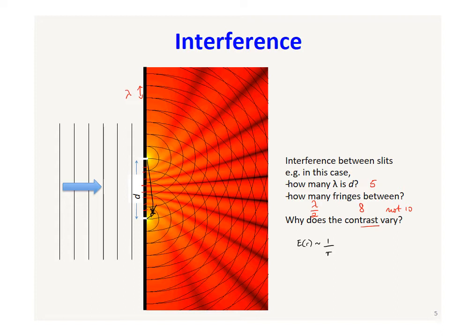So that means that the electric field due to one slit is going to be much, much less than the electric field due to the other slit. And from what we saw in interference last week, if we want to have a high visibility or high contrast pattern, actually we want to have E1 of the order of E2. So that's why the contrast has gone down and we don't see those fringes near the slits very well.